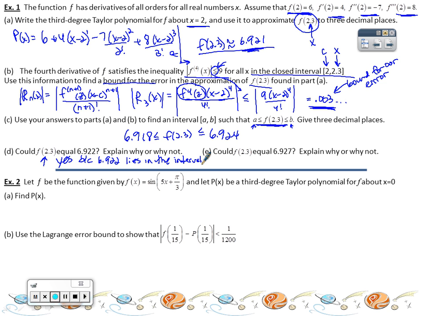Okay. What about 6.927? Could our function value be 6.927? No. And why? Exactly, because 6.927 does not lie in the interval.